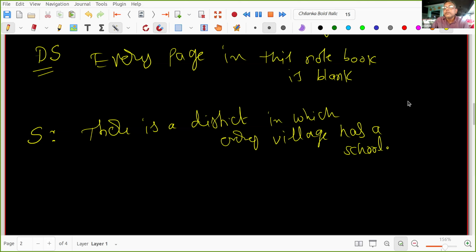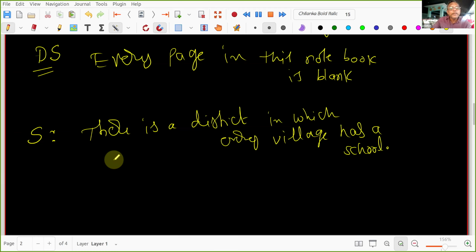Ashpreet Kaur: the villages of a district. Okay, I will ask another person. Yushika Gupta: the set is districts, all districts. Okay, so one is that.